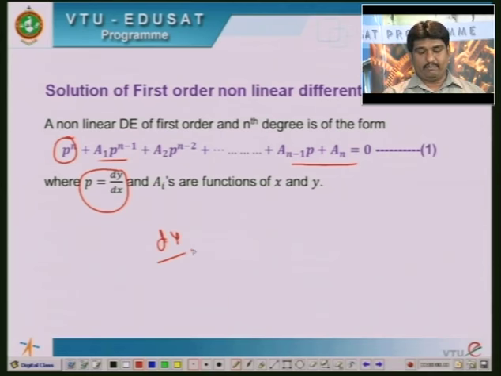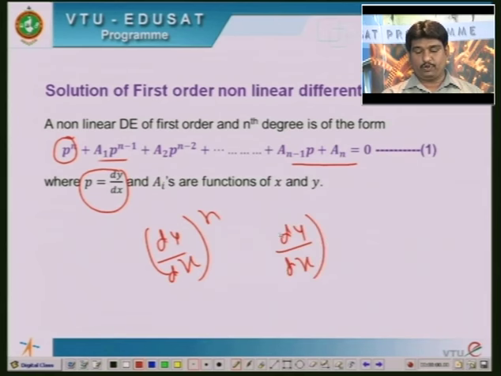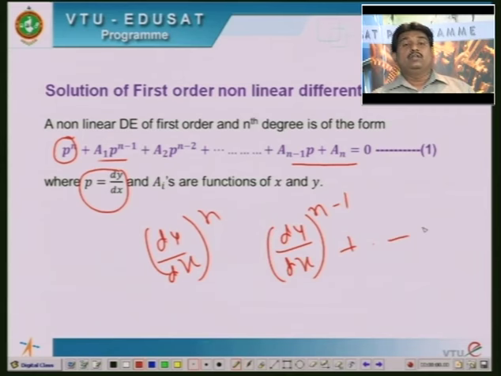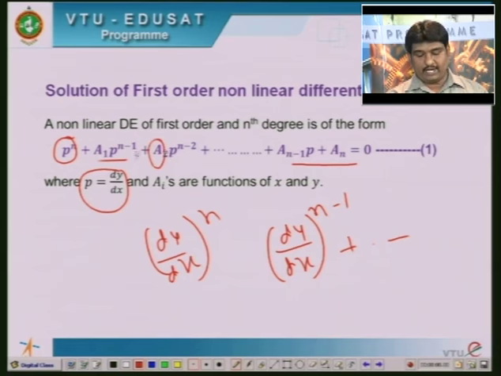It's like dy by dx whole to the power of n. Next, p to the power of n minus 1, dy by dx whole to the power of n minus 1 and so on. As the degree is not equal to 1, definitely it is non-linear. And there is one more reason. We have specified that ai can be a function of y. So if it is a function of y, a product of the dependent variable and derivative exists, and it will no more be a linear equation.